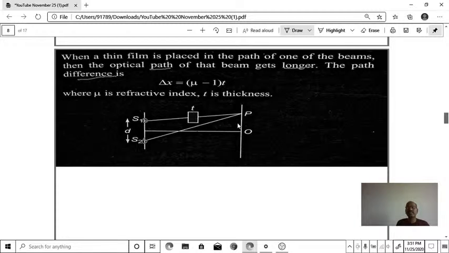The path difference, denoted delta x, equals mu minus 1 into t, where mu is the refractive index and t is the thickness of the film or plate we are placing on one path. Keep this formula in mind.